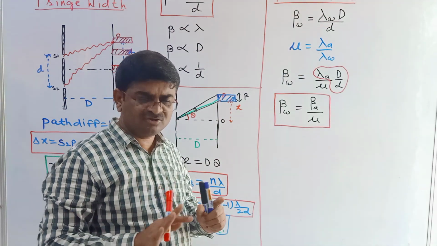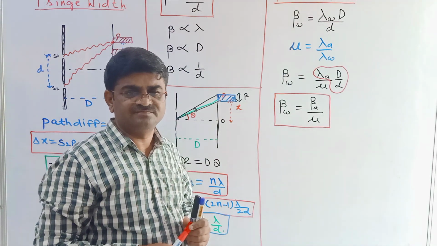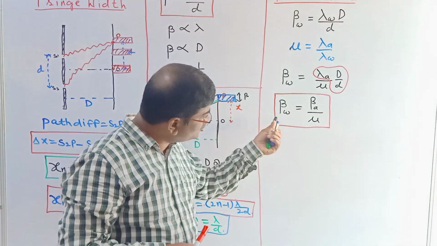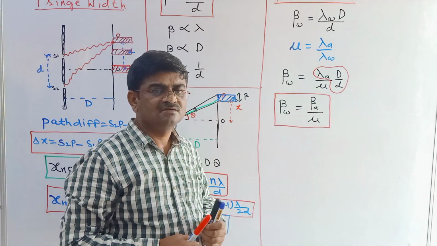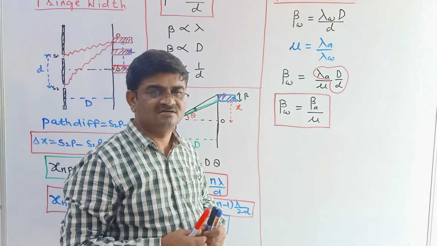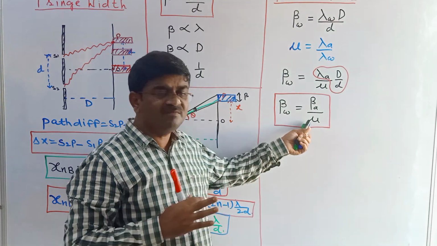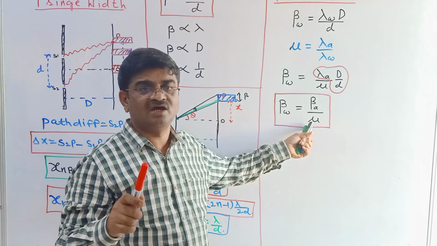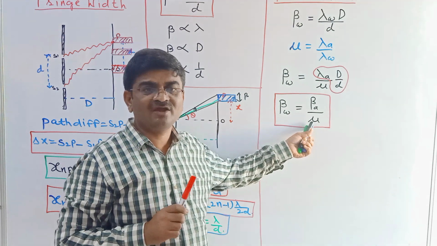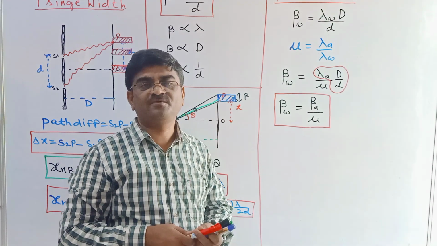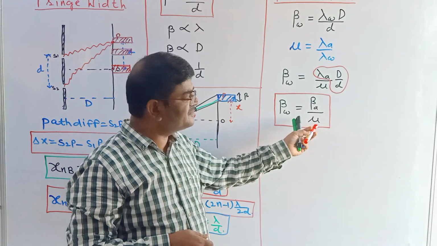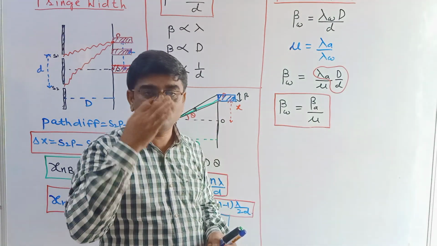A simple thought provoking question. Will this new fringe width be less than or greater than earlier? Easy to understand. You know, mu for any media is greater than 1. Minimum it is for vacuum, 1. For all other media, absolute refractive index is greater than 1.